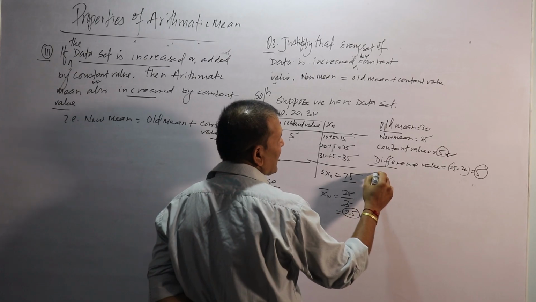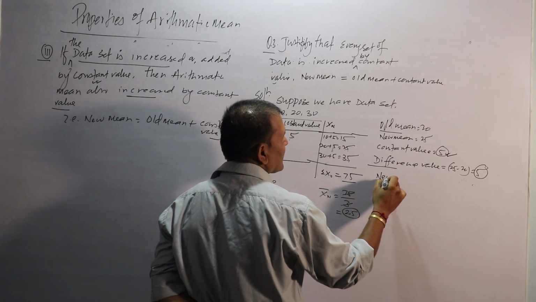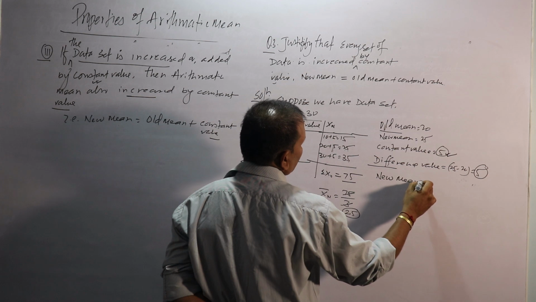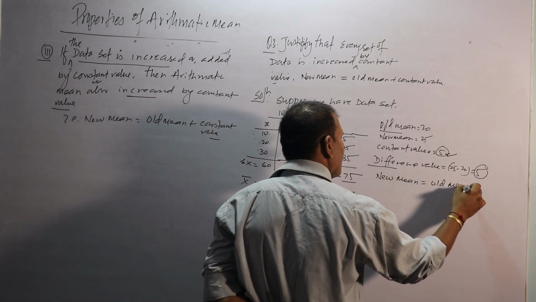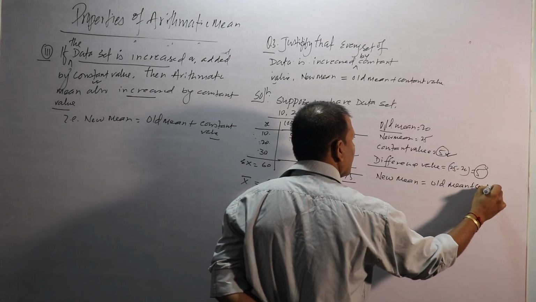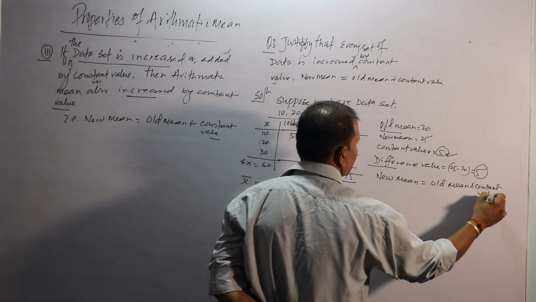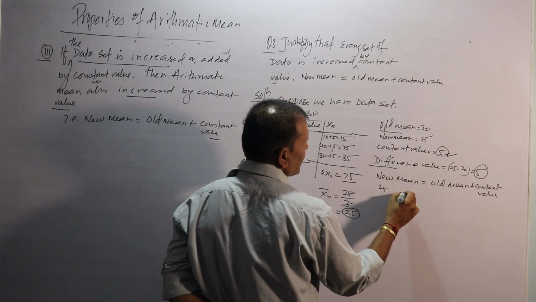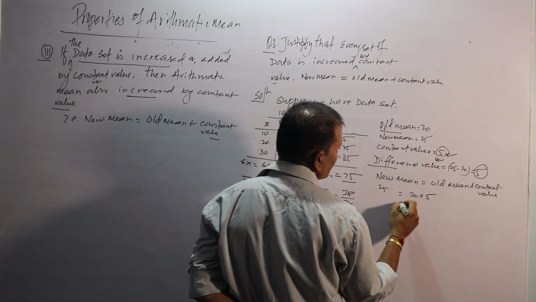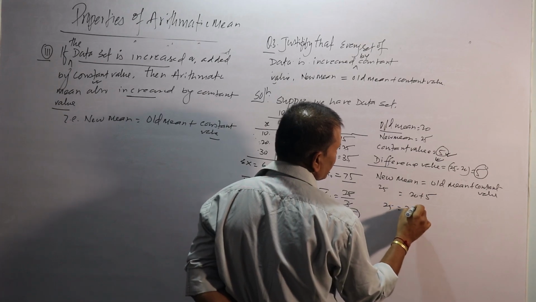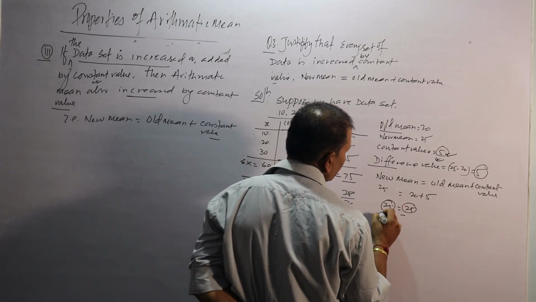So it can be justified that new mean is equal to old mean plus constant value. New mean is 25, old mean 20, and the constant value 5. So we can directly write right hand side equals left hand side.